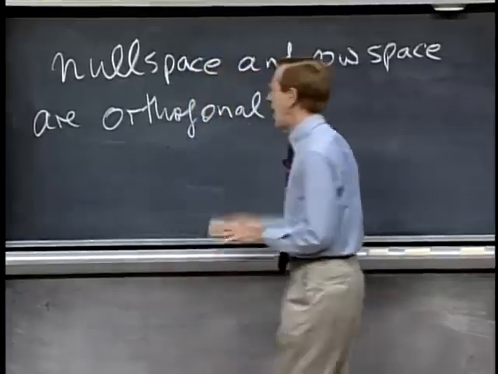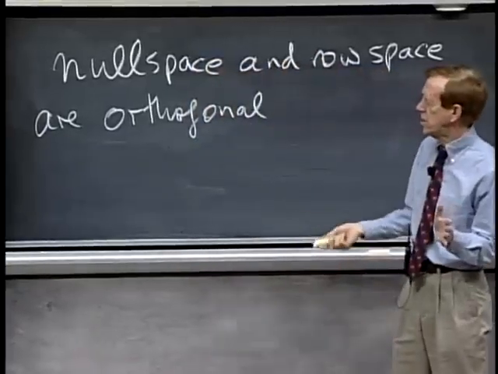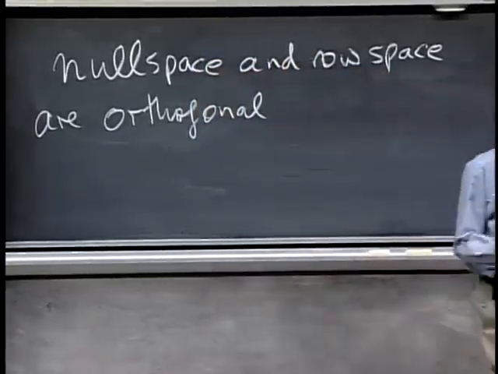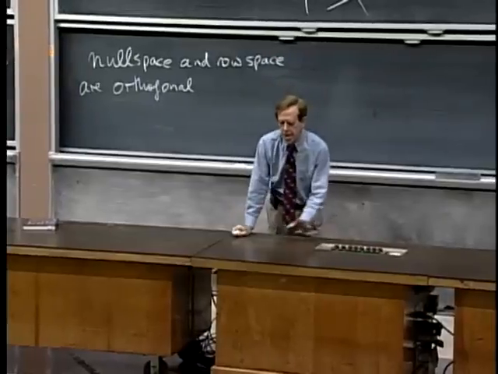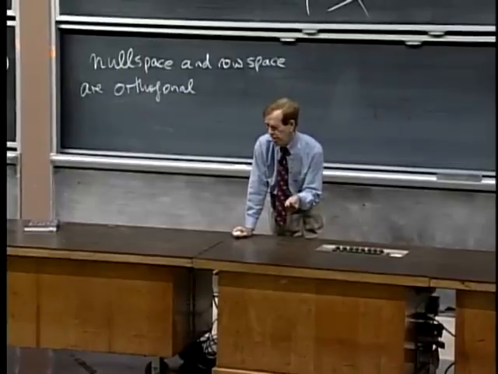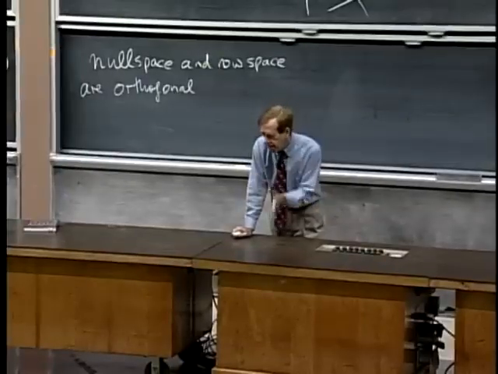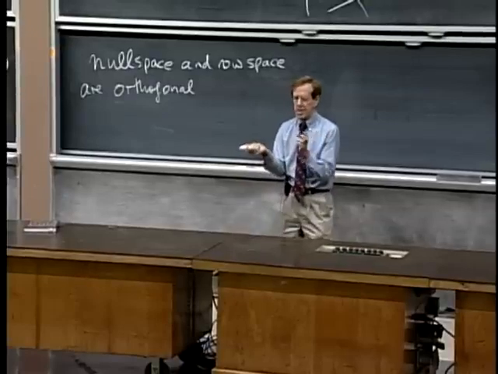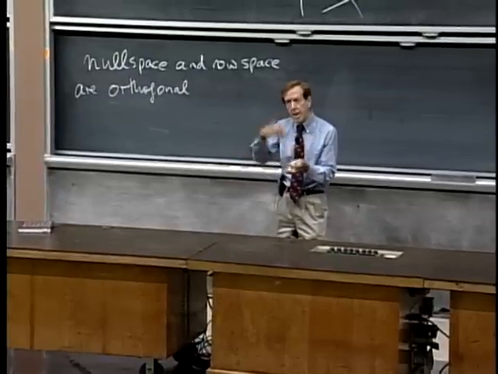That's this neat fact, which we've just checked from Ax equals 0. But now I want to say more, because there's a little more that's true. Their dimensions add to the whole space. So that's like a little extra information.